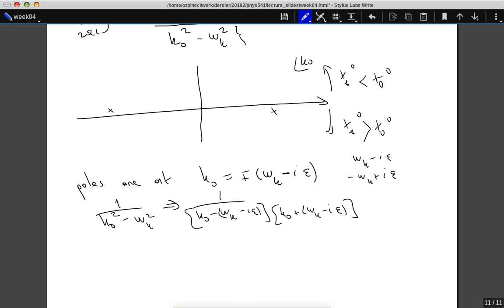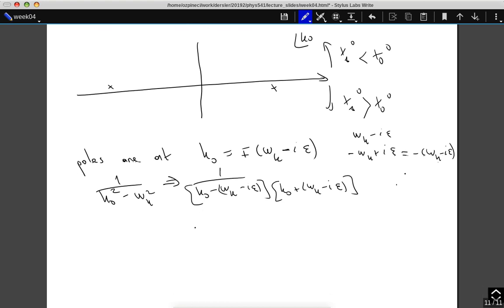So if I factor the minus, okay, so that is nothing but 1 over k0 squared minus (omega k minus i epsilon) squared, which is 1 over k0 squared minus omega k squared plus 2i epsilon omega k.